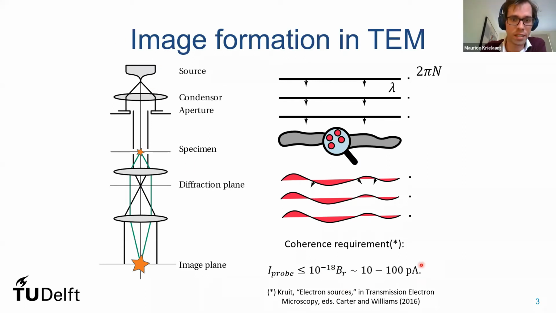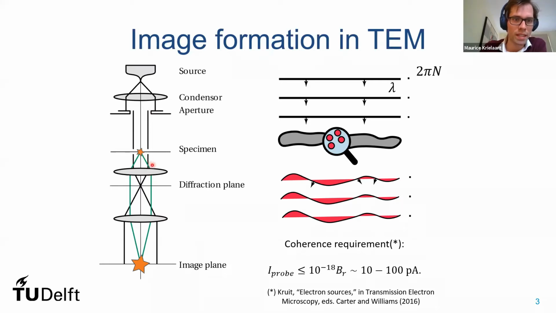In practice, this boils down typically to maybe 10 to 100 picoamps of current. Somehow, this very simple equation doesn't seem to be disseminated that often. So, as a repeat, one way to realize these currents is simply by placing an aperture behind your condenser lens and spreading out the electrons sufficiently so that you aperture the current.